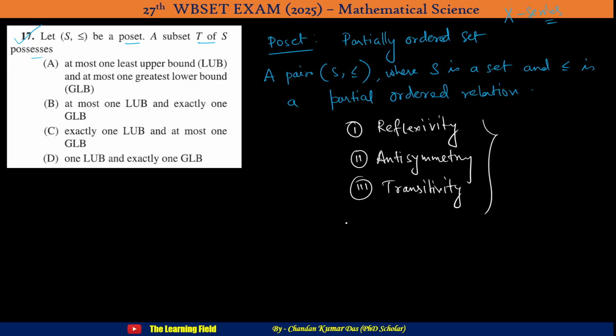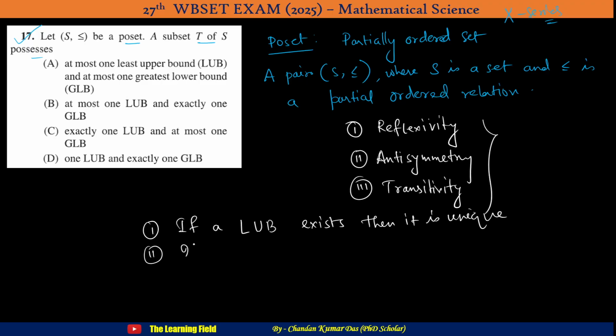And one more thing, which is the question actually. The two important statements are: one, if a least upper bound, that is LUB, exists, then it is unique in a poset. And two, similarly, if a GLB, the greatest lower bound, exists, then it is unique.